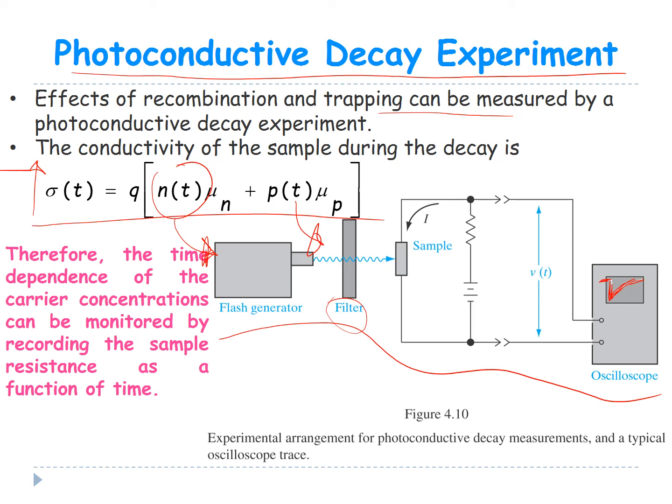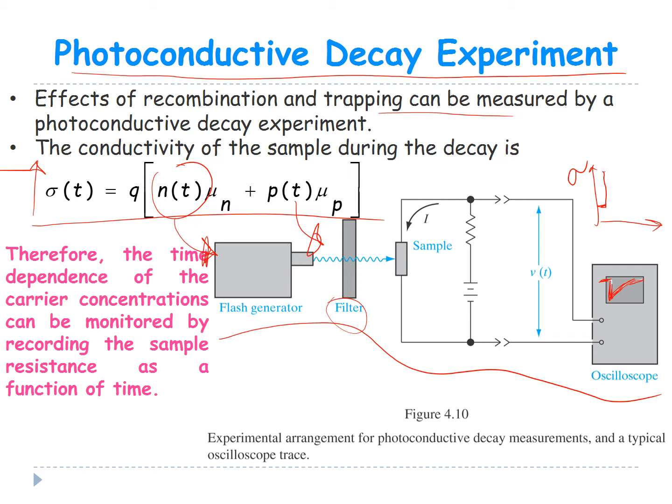If I plot the conductivity instead of the voltage, then if I turn on the light, the conductivity will jump, and if I turn off the light, the conductivity will decrease like that.